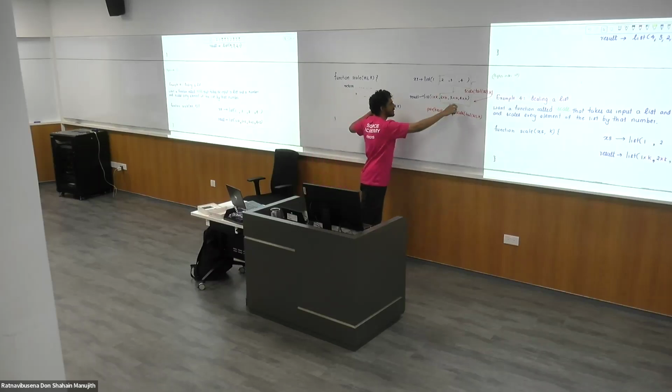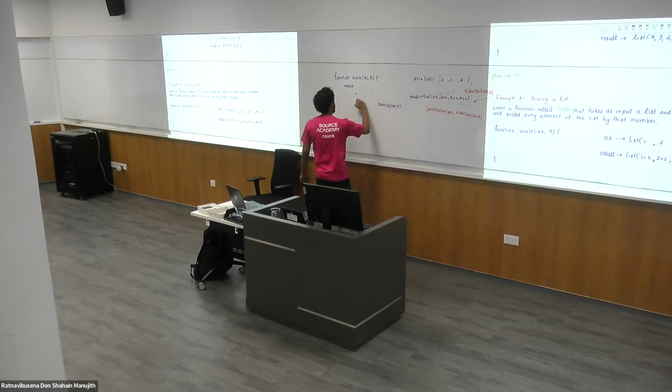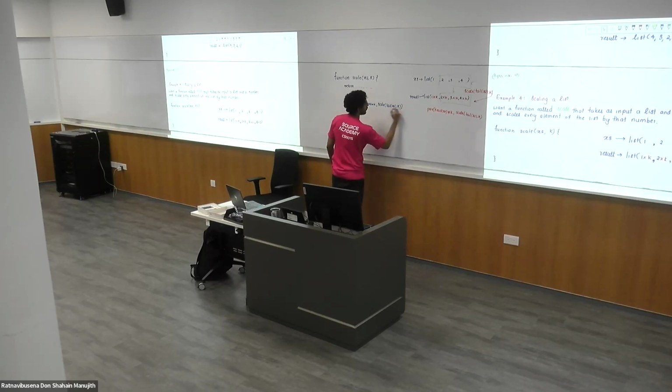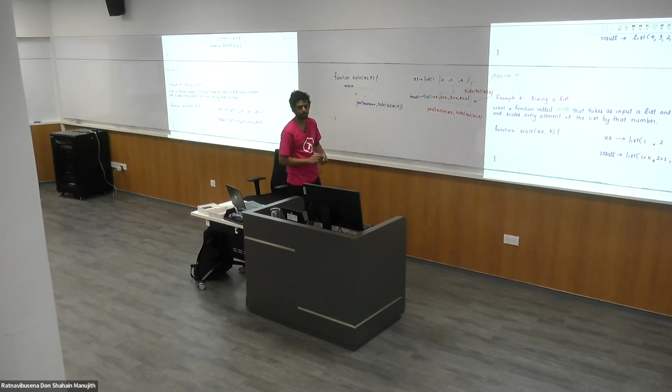That means I already have that in place, and I just need to put the one into place, which is head of XS times k. So I just need to do a pair. That's all. So it's very simple. Just reducing the problem size by 1 can solve the problem easily, using this technique known as wishful thinking.